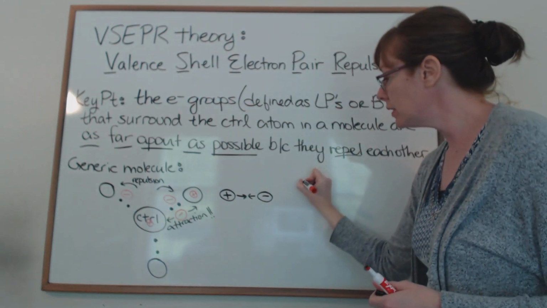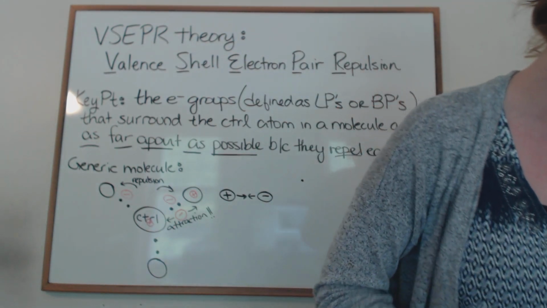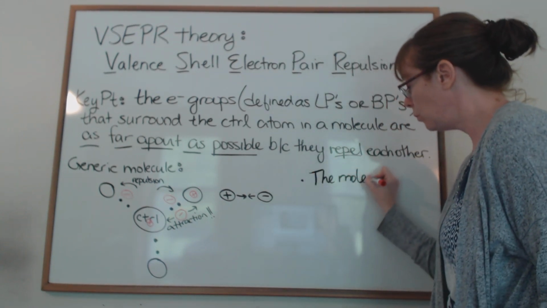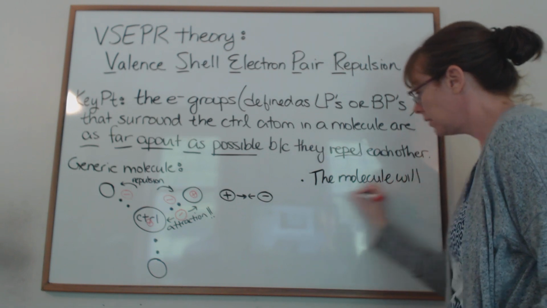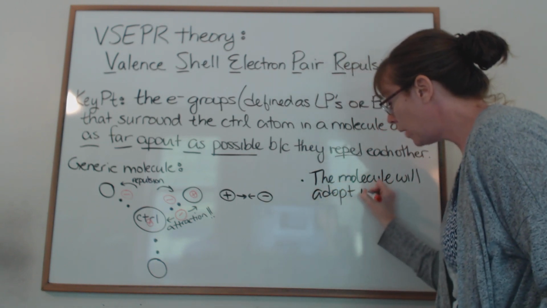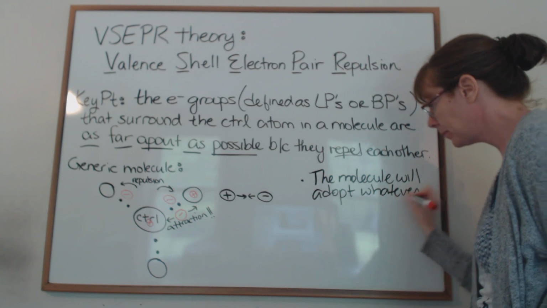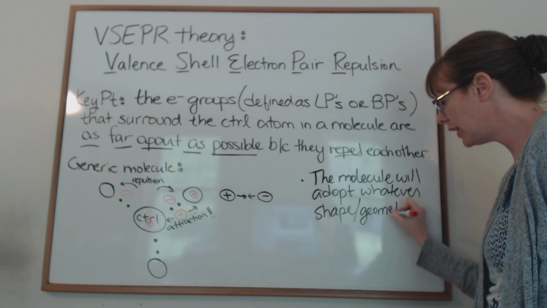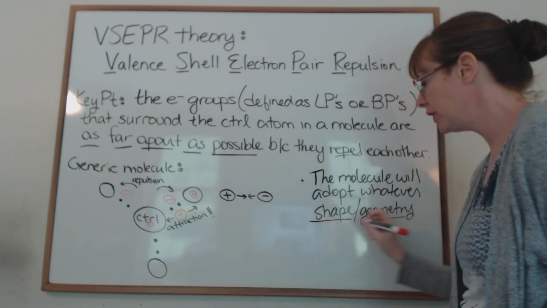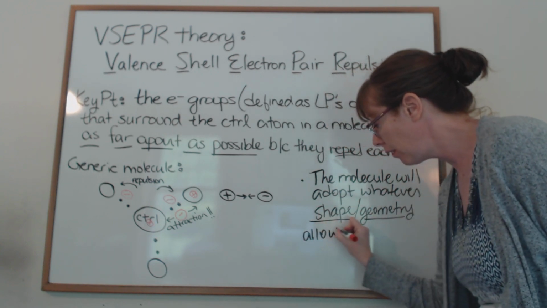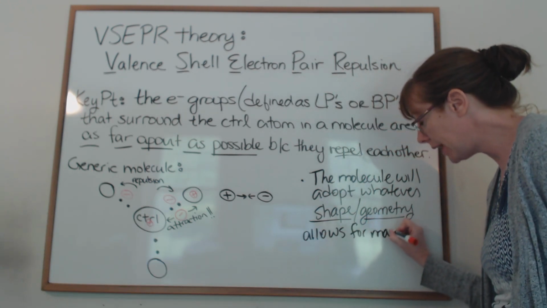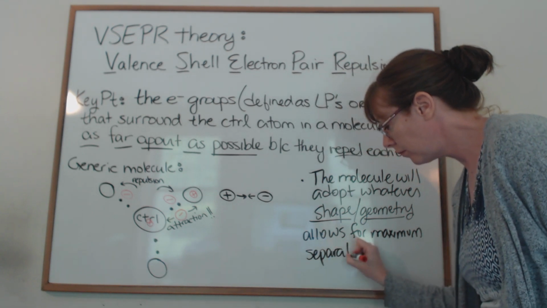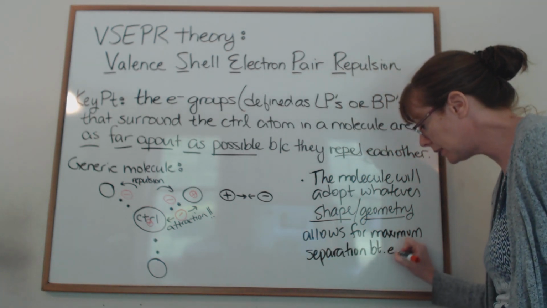And one other key point, just to wrap this up to make sure that we're understanding it completely, is that the molecule will adopt whatever shape or geometry, okay, you can kind of interchange those two words, whatever shape or geometry allows for maximum separation between electron groups.